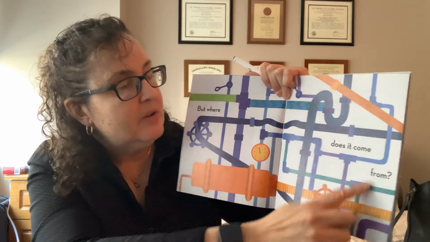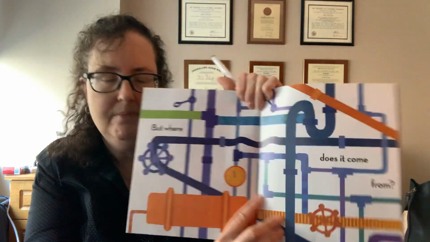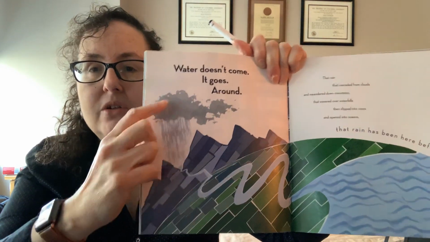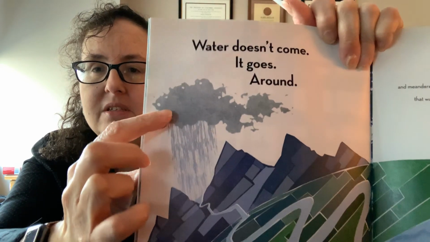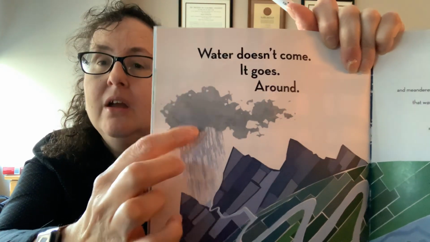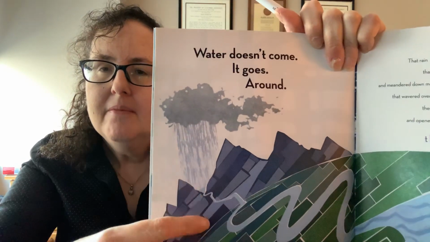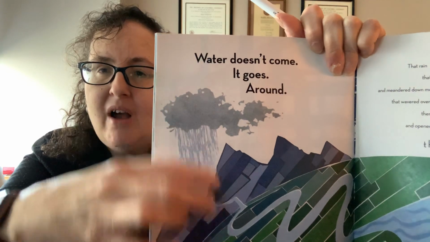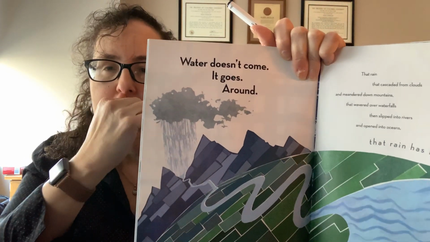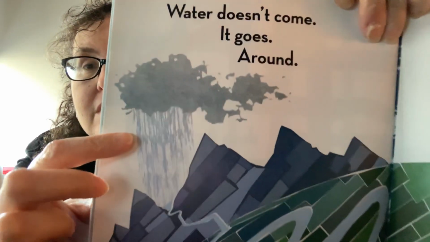But where does it come from? Where does water start from? It has to start from someplace, right? Let's see if we remember. Okay, so we talked about, what's this? Yeah, we talked about clouds, how water gathers in clouds from water vapor that rises up from the air when the sun makes the water hot, and then it rises up as vapor, and then it comes down as what?